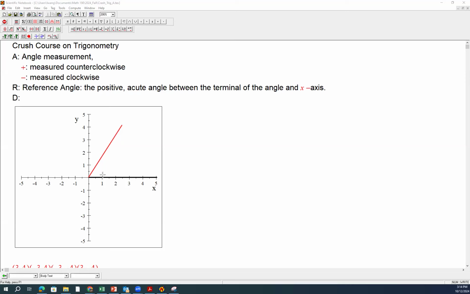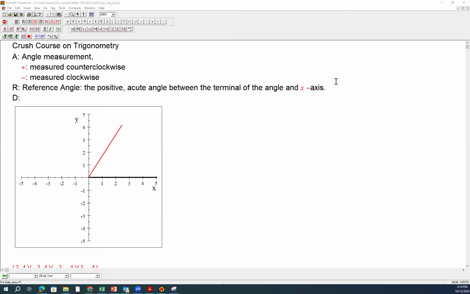And the angle is between the dark black and the red. And this angle obviously is less than the straight angle. So it is positive, acute. Acute meaning is between 0 and the right angle. Right angle in degree system is 90 degrees. In radian system is pi over 2.